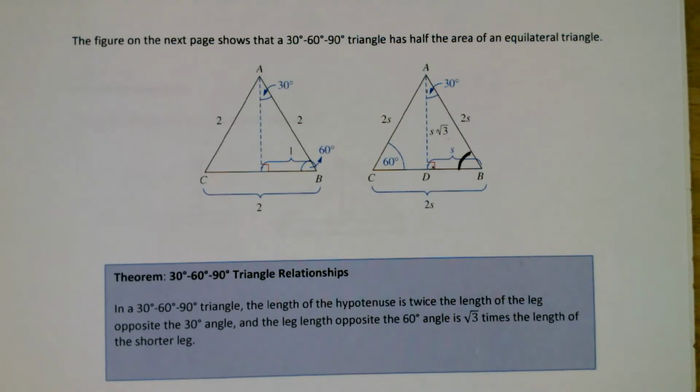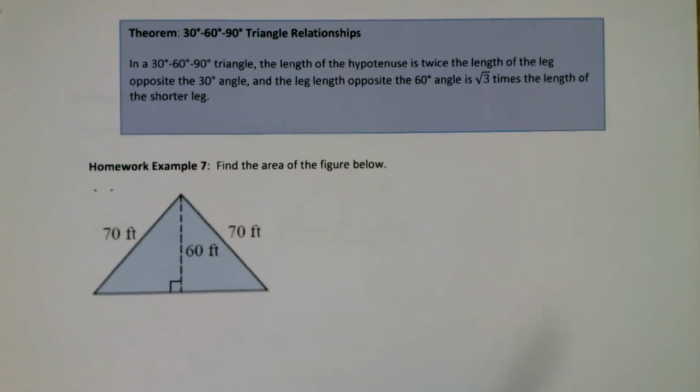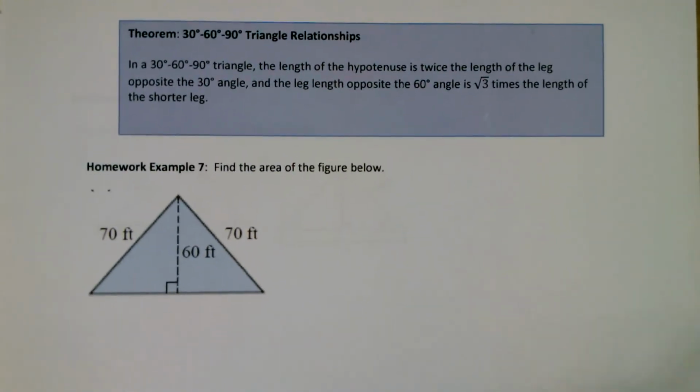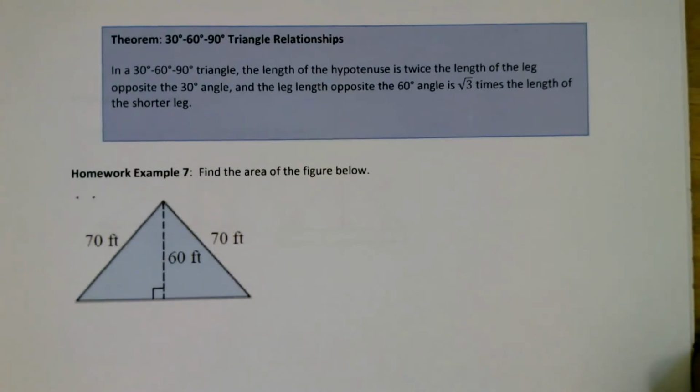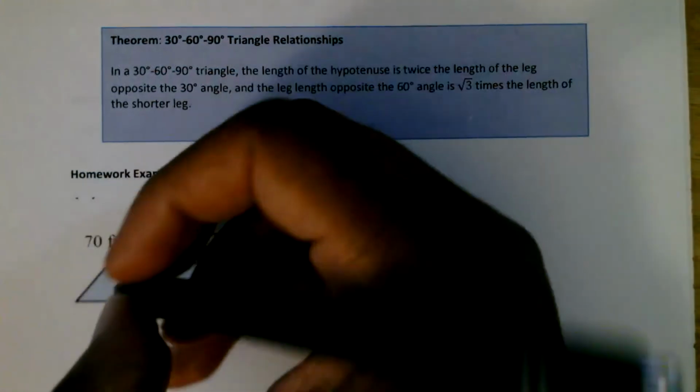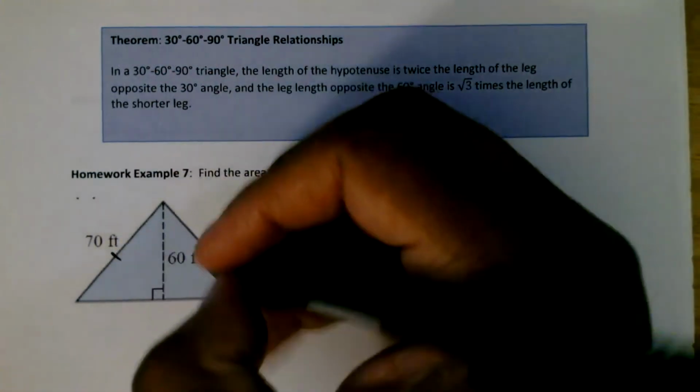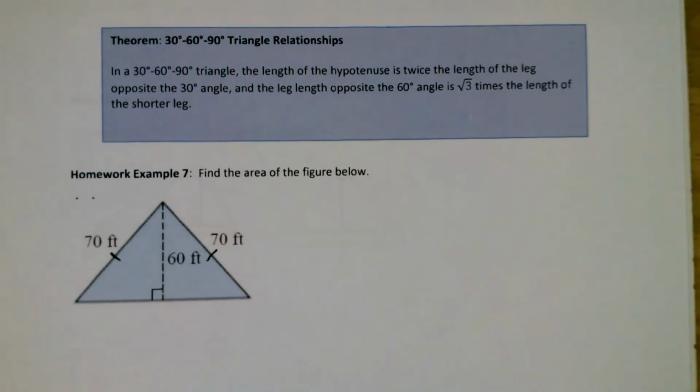Okay, now I'm going to try to use that relationship with this example here. Let's say I want to find the area of the figure below. Well, actually, I'm going to try to use the 45, 45, 90 relationship, because by looking at this, take a look.